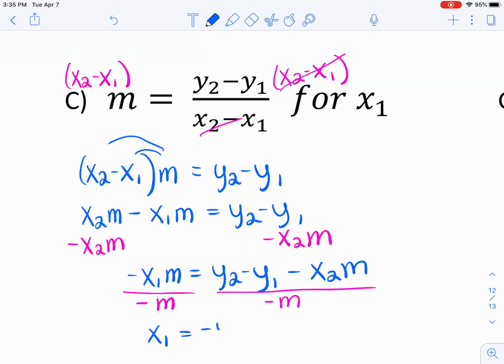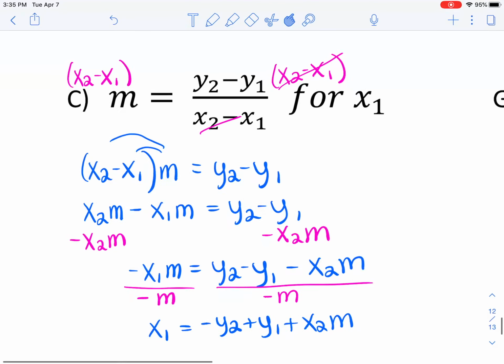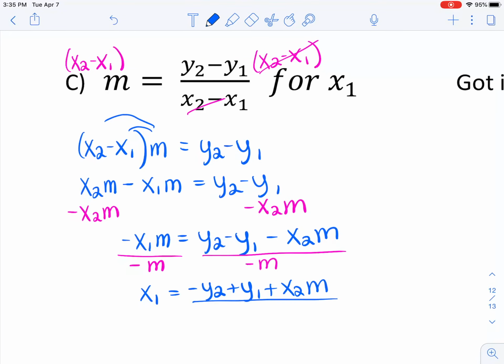So instead of having y sub 2, I'm going to have negative y sub 2. Instead of having negative y sub 1, I'm going to have positive y sub 1. And then instead of having negative x sub 2m, I'm going to have positive x sub 2m. And this was all over m still. Again, we switched the signs because we were dividing by a negative. So there we go. We isolated x sub 1. So our answer is x sub 1 equals negative y sub 2 plus y sub 1 plus x sub 2 times m, all over m.